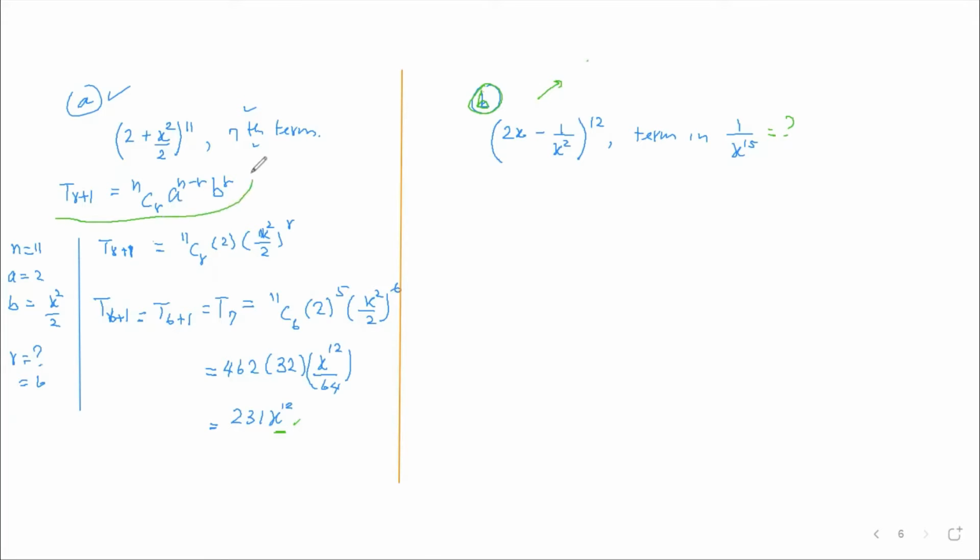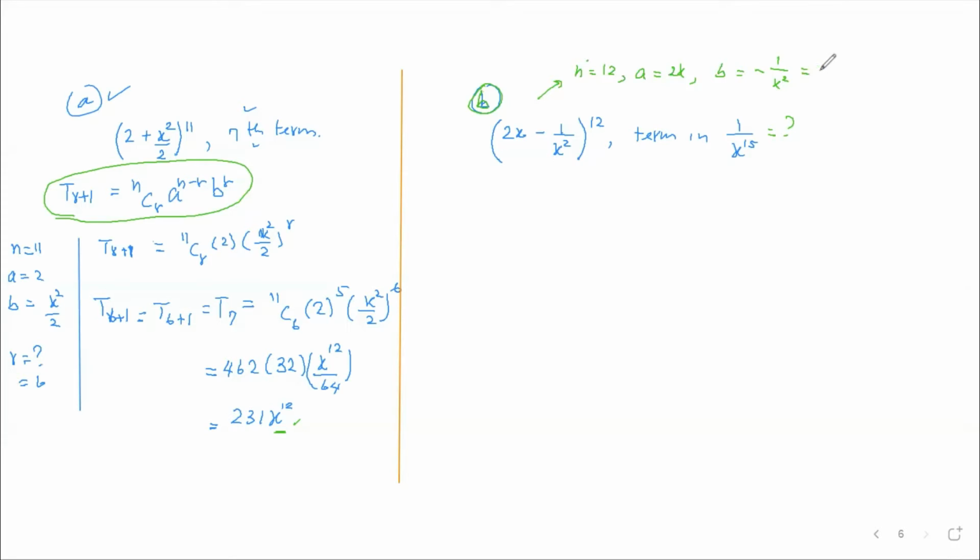Use this specific term formula. In this case, n equal to 12. a is 2x. b, again, don't forget this is negative. So minus 1 over x power 2, correct?